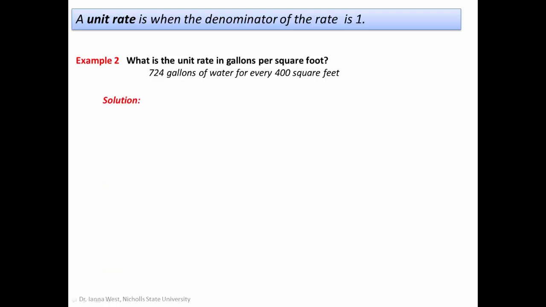So we write the rate as a ratio, 724 gallons divided by 400 square feet. In order to write the unit rate, we simply divide 724 by 400. Then the unit rate will become 1.81, or 1 81/100 gallons per square foot.